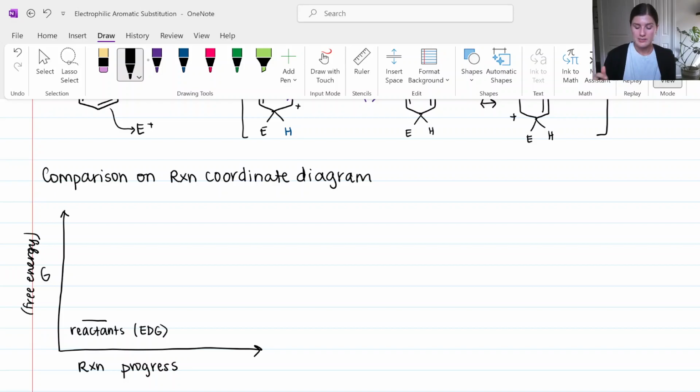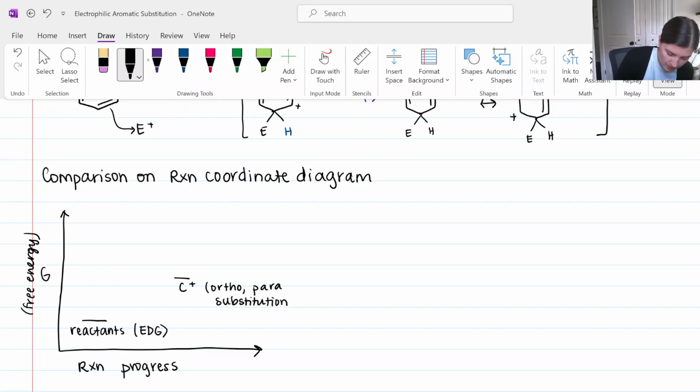We saw from resonance structures that when we form the carbocation intermediate for ortho-para, that carbocation is stabilized, so it's at a lower energy than when we do meta substitution.